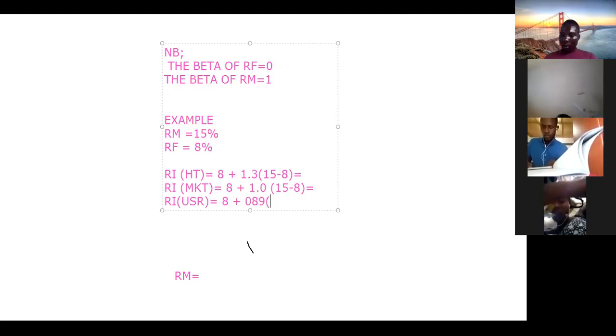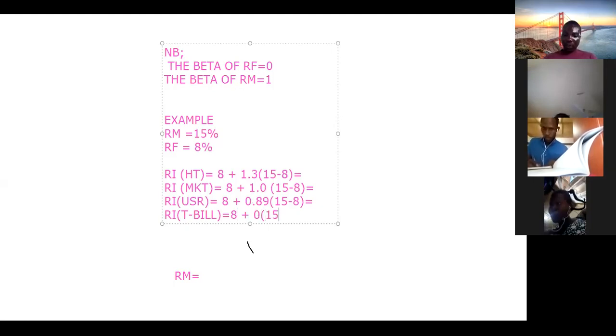0.89, 15 minus 8, equal to. Next investment, RI, bracket open, T-bill, equal to 8 plus, this is 0.2. The next one is 0, bracket open, 15 minus 8.